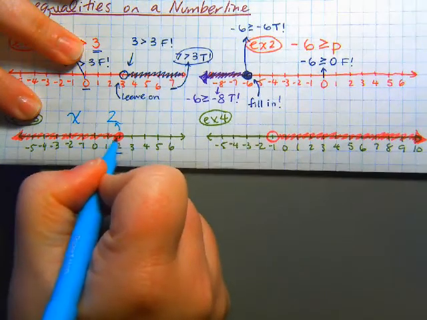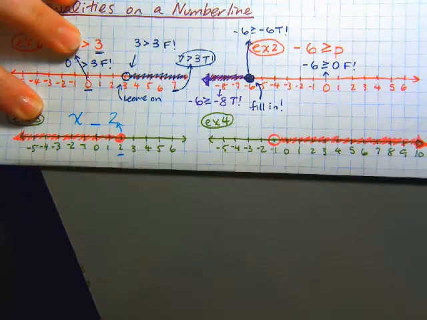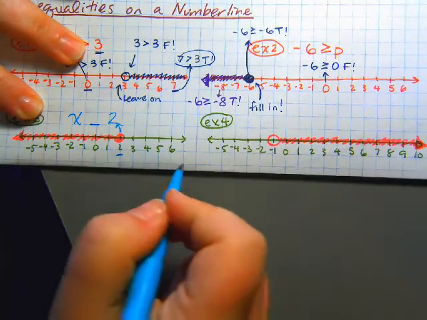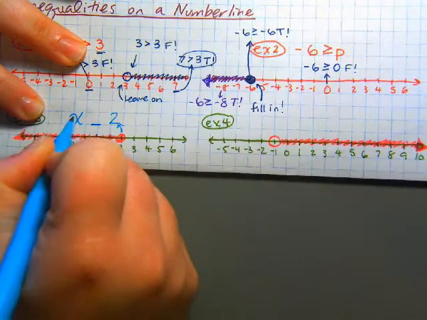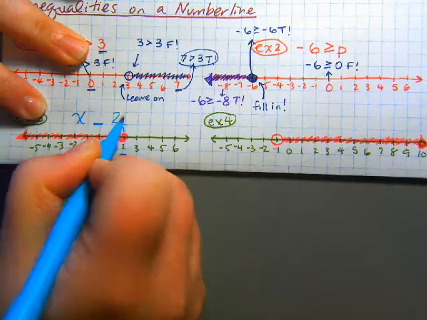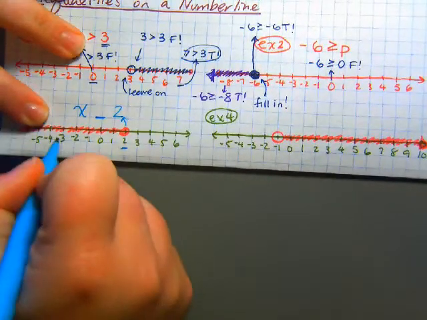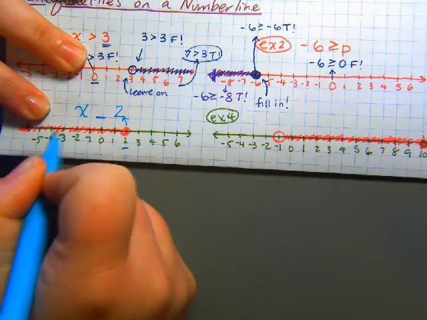So firstly, since it's a filled in circle, we know it's going to have an equals to portion because it's filled in, right? But we need to know, is the X greater or is the 2 greater? So what I want to do is pick a number from this section, and we need to pick the sign that makes it true.